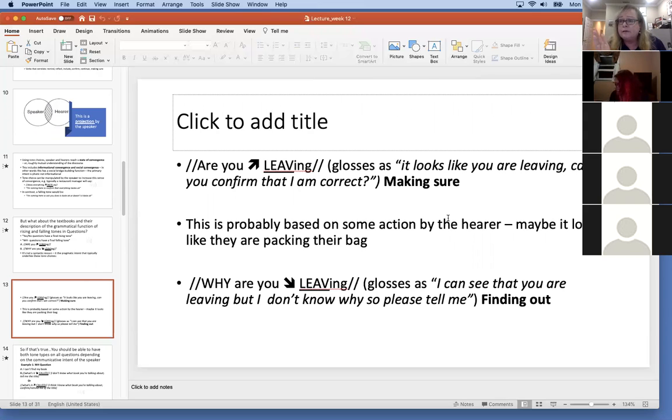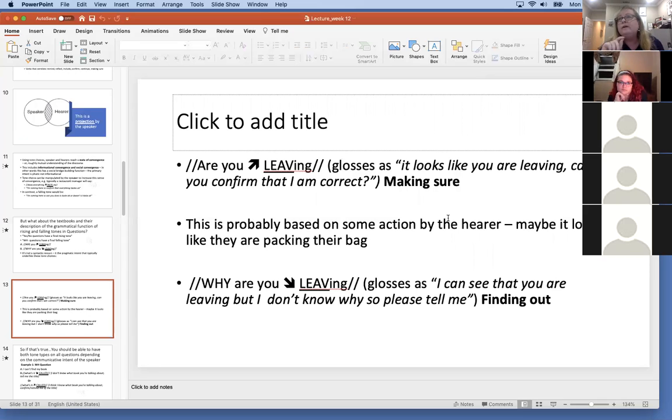We can also hear it when we do that. If someone says, "Oh, are you leaving?" with a rising tone and the person isn't, they will say, "Oh no, I'm just looking for my ID in my bag." They understand that the assumption is what you're saying when you say, "Are you leaving?" That you're assuming that's what they're doing, and they realize that you've misunderstood one of their actions, and they say, "Oh no, I'm not leaving yet."